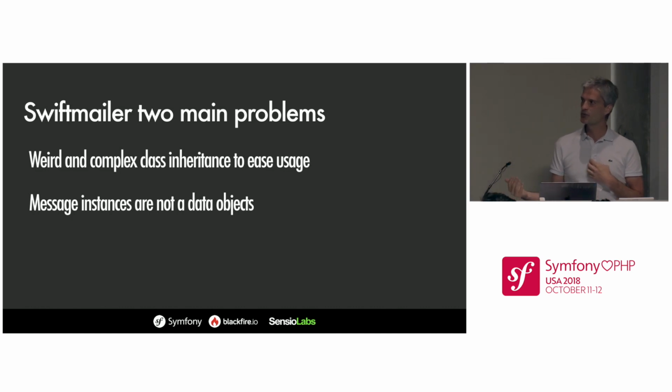That leads to some problems. If you are trying to serialize a message, the payload is really big, because we embed a lot of things that are not related to the data object and the message that you want to send.